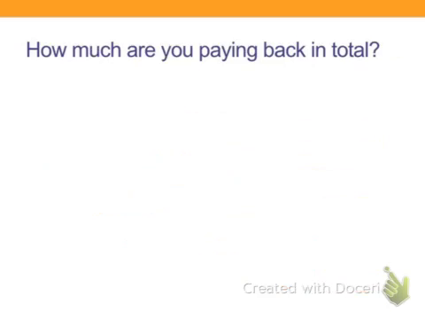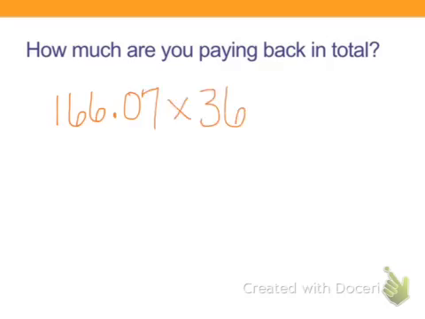Now, one other question with regards to this. How much are you actually paying back in total? So if you take the $166.07 and multiply that by the 36 total payments, then that means you're actually paying back $5,978.52.